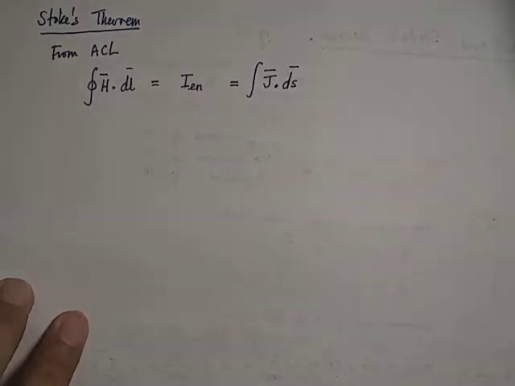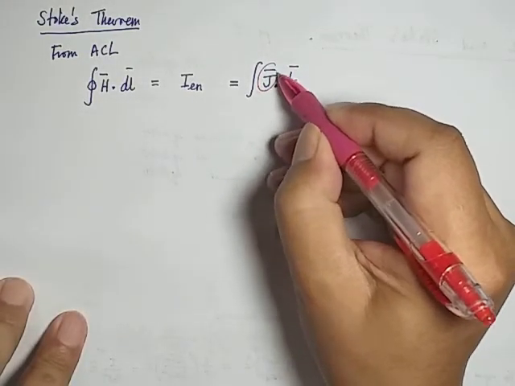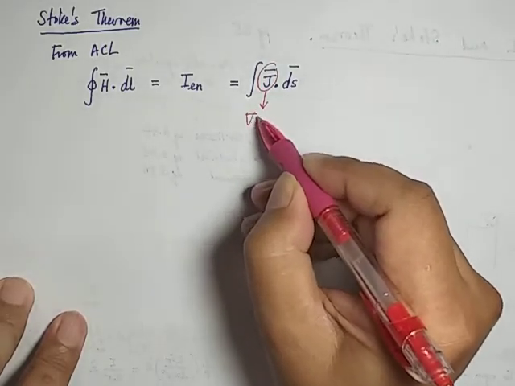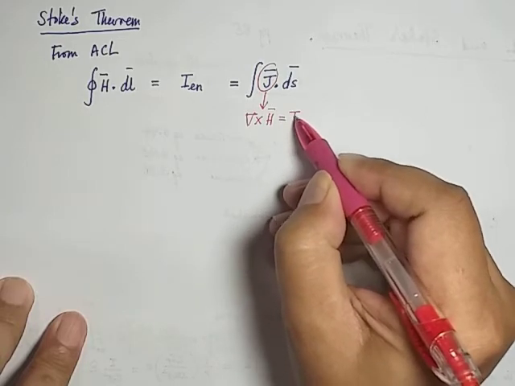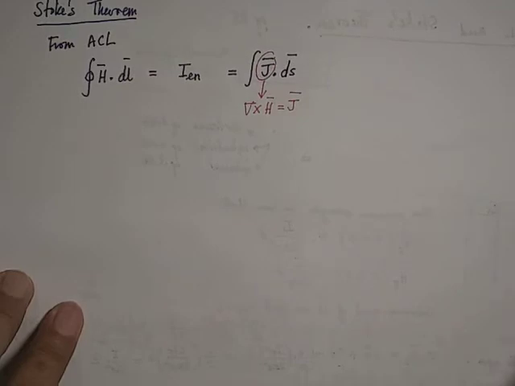So just now, we have been introduced that this J can be substituted with Maxwell equation number 3, where curl of H will be equal to J. Remember that equation that we proved together using the curl model mathematics?